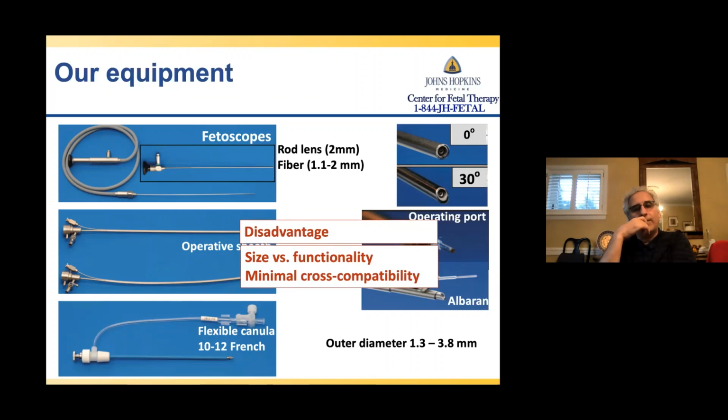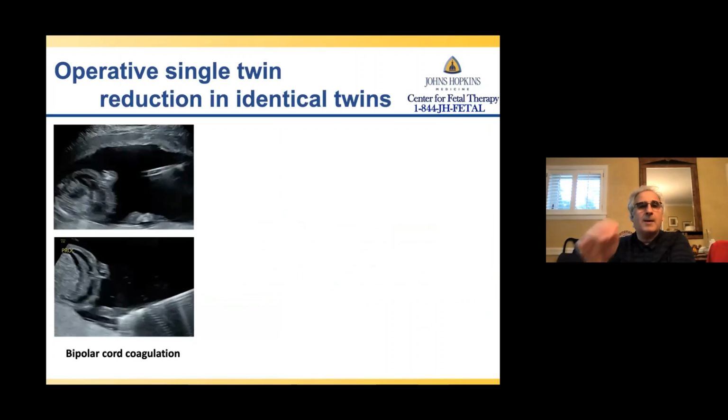So all of these sheets were kind of developed for dedicated procedures rather than with the thought of saying, okay, we want a multifunctional fetoscopic operative sheet of size X, Y, and Z, depending on the gestational age, right? So that is a real challenge.